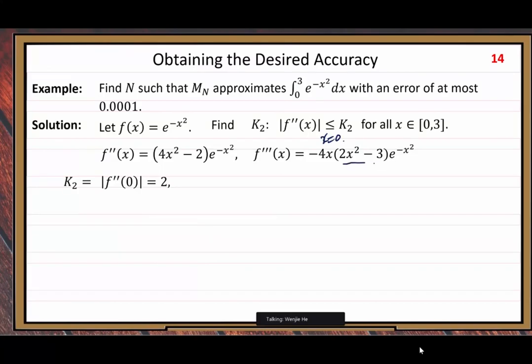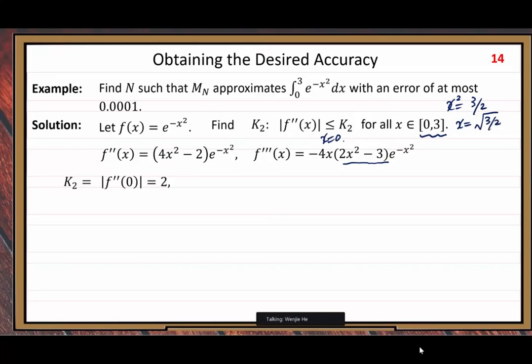Another one: x squared equals 3/2. In this interval we only take the positive value, so the root of 3/2.